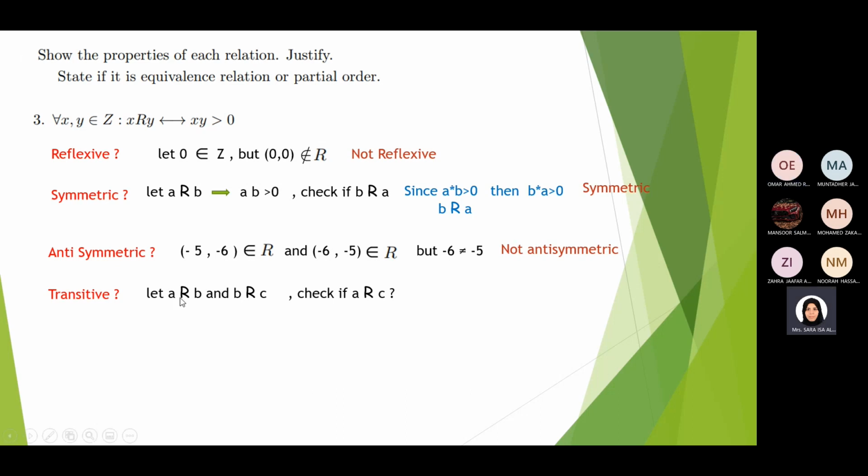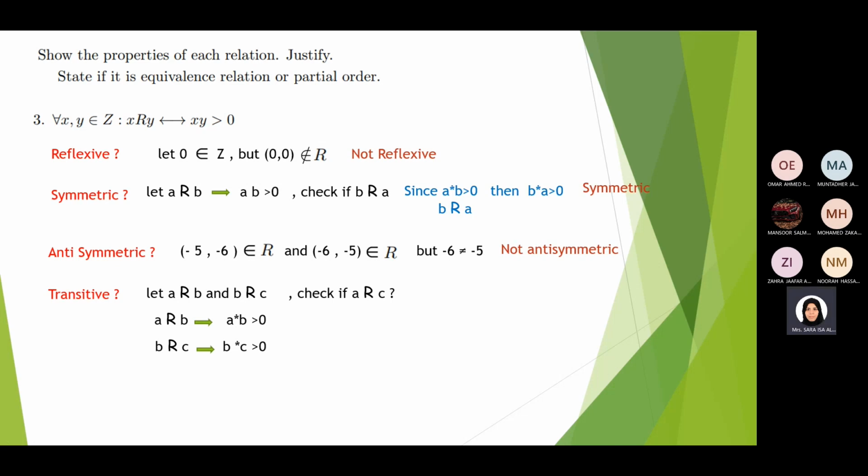So what does it mean A related to B? It means A times B is greater than 0. What does it mean B related to C? It means B times C is greater than 0. So we know that A times B is greater than 0, meaning either A and B are positive or A and B are negative, to be greater than 0.